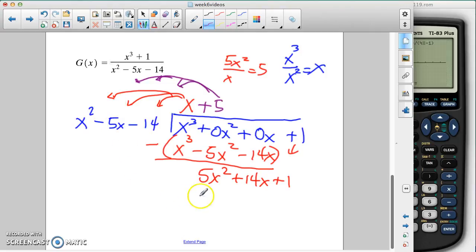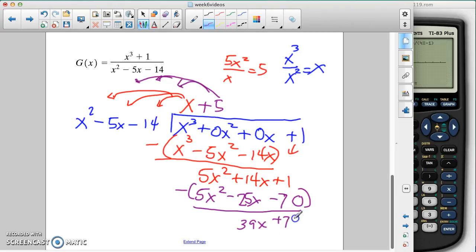So 5 times that is 5x squared. 5 times negative 5 is negative 25x. And 5 times negative 14 is negative 70. We're going to subtract. This goes away. This becomes positive, so we get 39x, and this becomes positive, so we get 71.